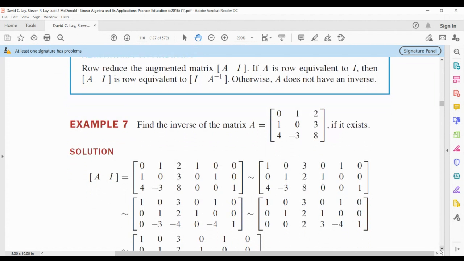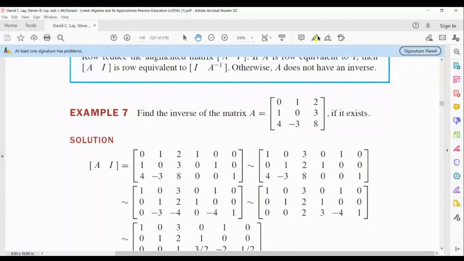The matrix A here is this 3 by 3 matrix. They put the matrix here. They create a 3 by 6 matrix, 3 rows, 6 columns.